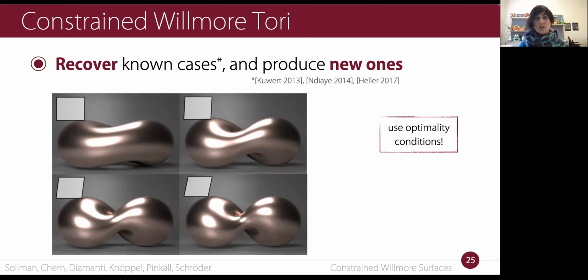One thing to mention is that this is a case where theoretical optimality conditions are useful, because there are no known results about how big the Willmore value is for a general constrained Willmore torus, so we don't have a way to know that we're at a minimum. But our optimality conditions exactly allow us to do that, because we can check if they are satisfied to, let's say, numerical precision.